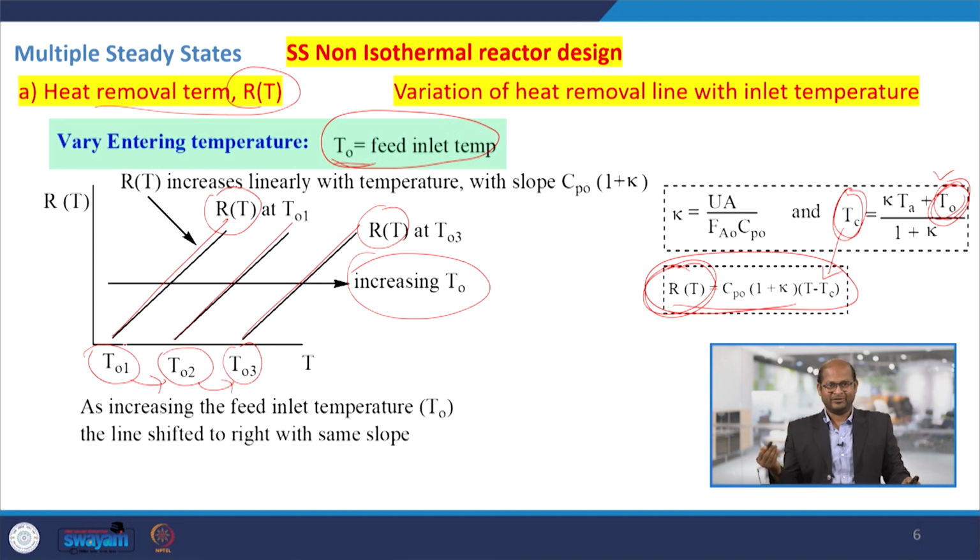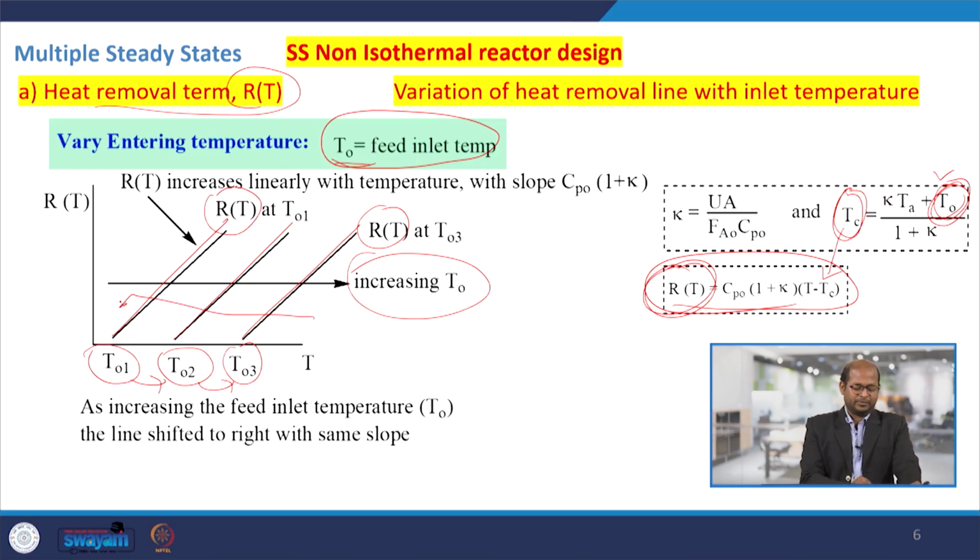If we decrease the feed inlet temperature, say we conducted the reaction at 150 degrees centigrade and suddenly decrease the feed inlet temperature from 150 to 100 degrees centigrade, then these lines will shift this way. It would affect how the heat removal and heat generation curves plot simultaneously.